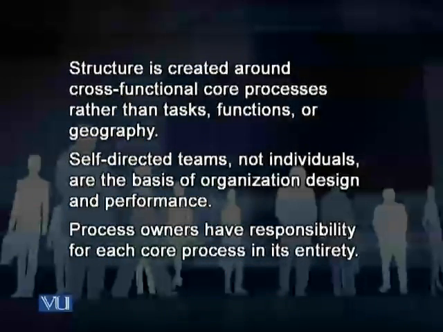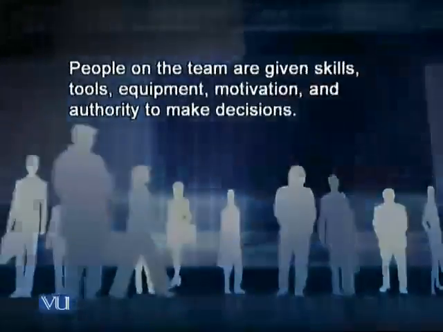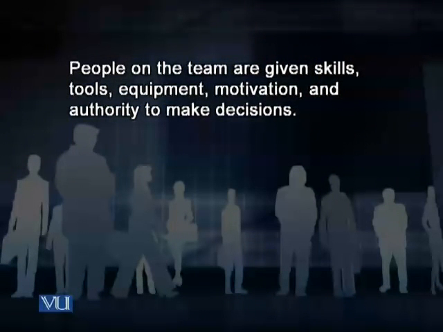So process owners have the responsibility for each core process towards its entirety, and they can be accountable for that because they are owning that process right from the beginning. They are free to make decisions, they are empowered to make decisions, they are given the skills to make those decisions. People on the team, which we have just seen, the process team, are not only given skills, are also given tools and equipment and motivation and authority to make decisions.